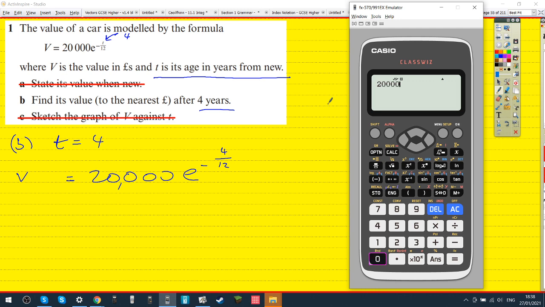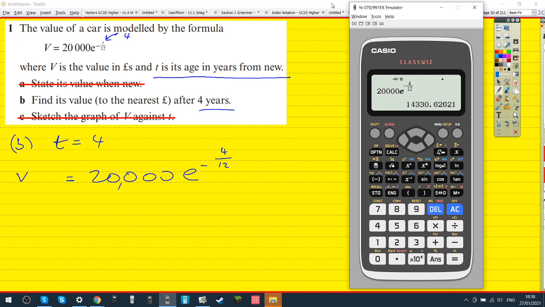That's the formula. Okay. Do you know how to do e in the calculator? I lost my white one recently, so I don't know if this one has e, but I'm not sure. Yeah, it is shift ln. 4 over 12. This is what I get. And so to the nearest pound?